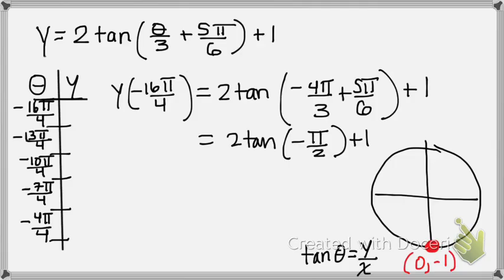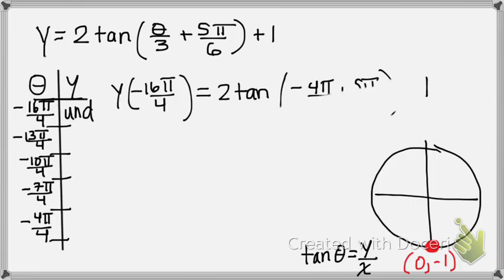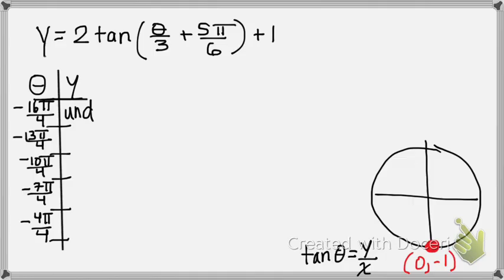If I look at that coordinate, y is negative 1 over x is 0. So negative 1 over 0, that's undefined. So none of this other stuff matters. This is undefined, so the entire expression is undefined. All right, so we got our first point: negative 4 pi, and then undefined, right? Okay, let's plug in our next point, negative 13 pi over 4.